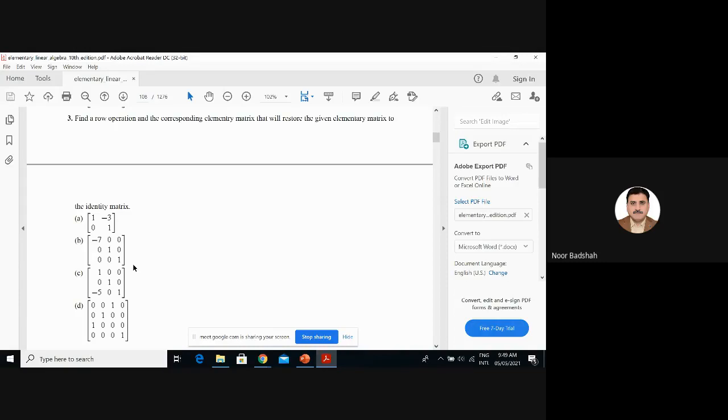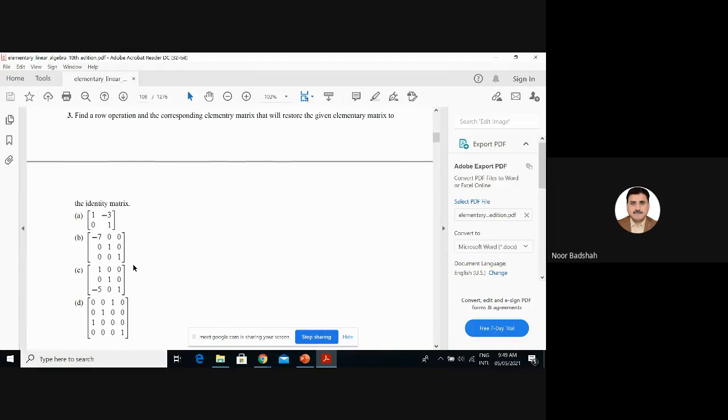Like in the first case, row number 1 plus 3 times row number 2 will restore the elementary matrix into the identity matrix. I hope you can do that.